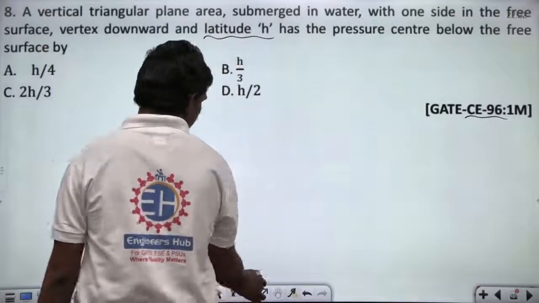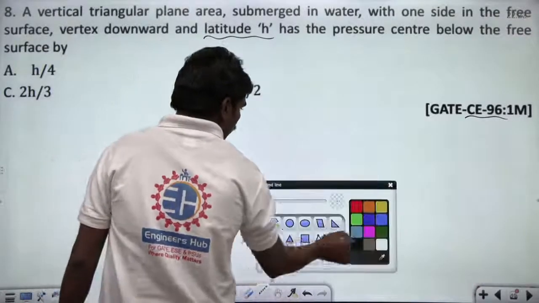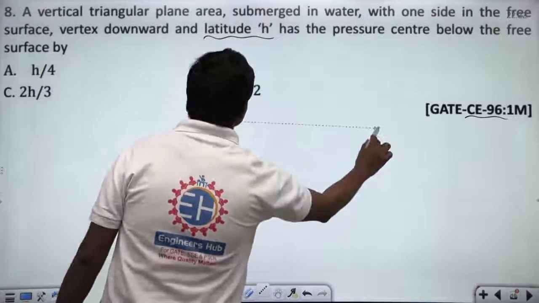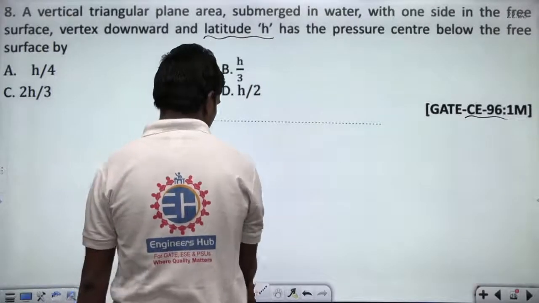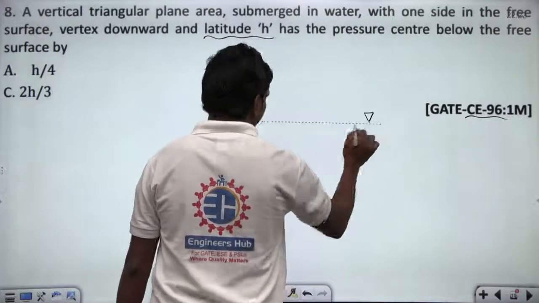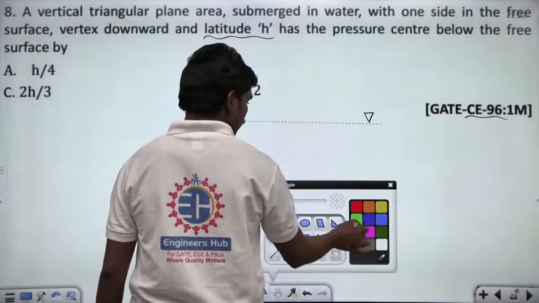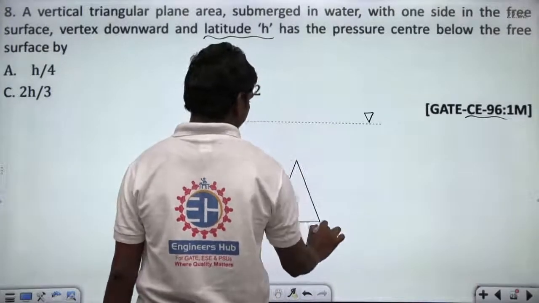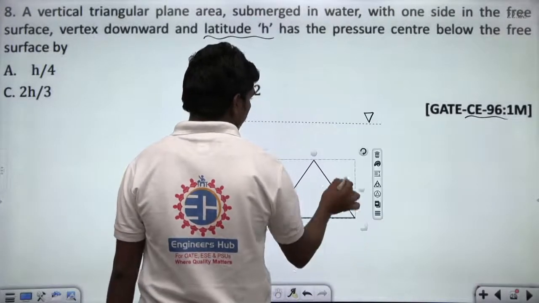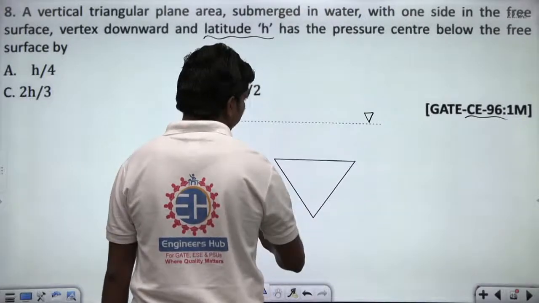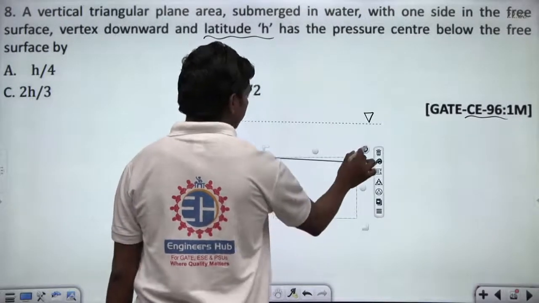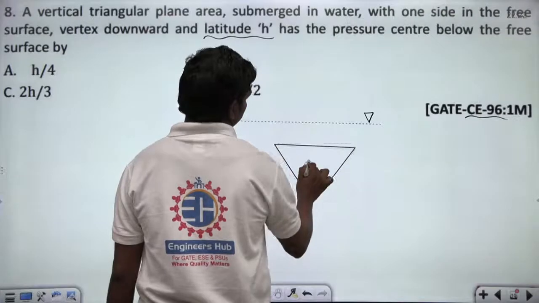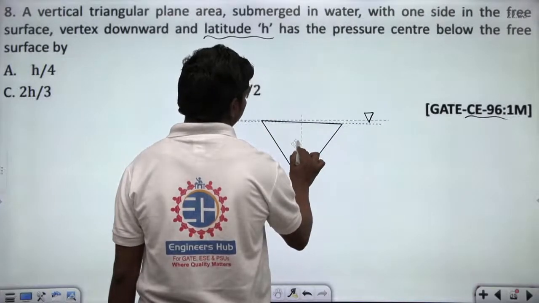So see here, if this is your free surface of water, this is the triangle, it's given in this fashion and it's clearly given.